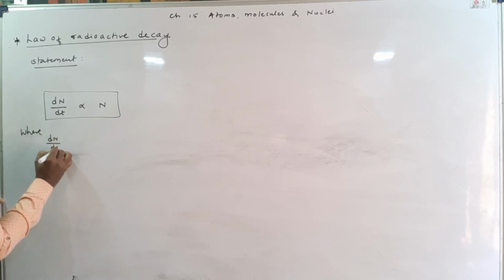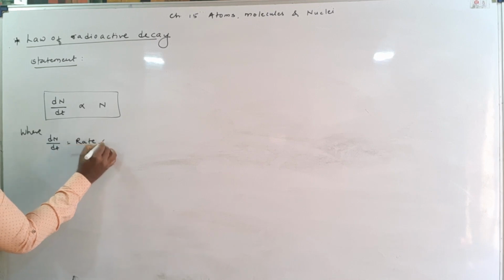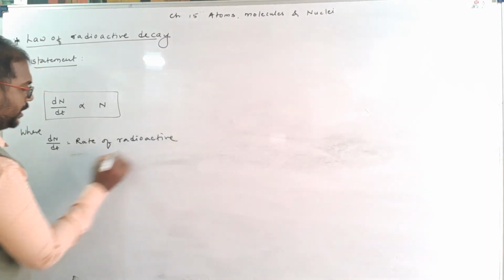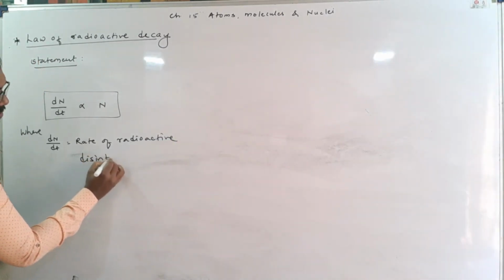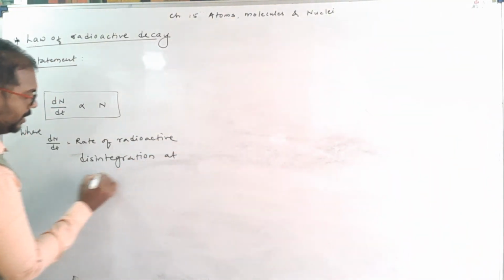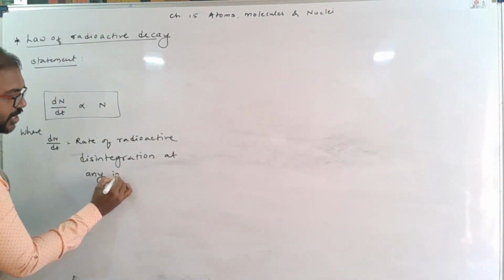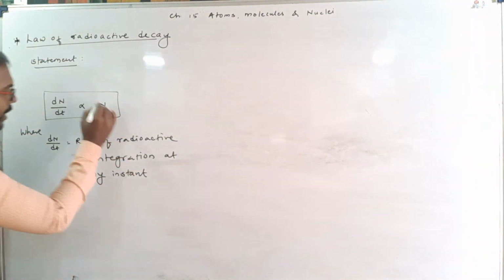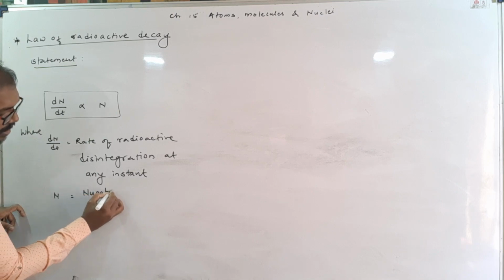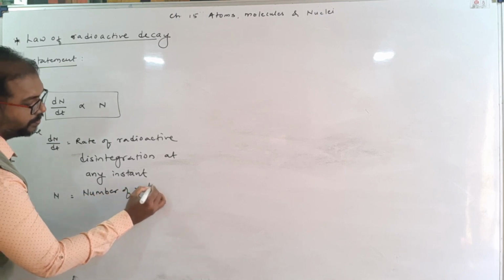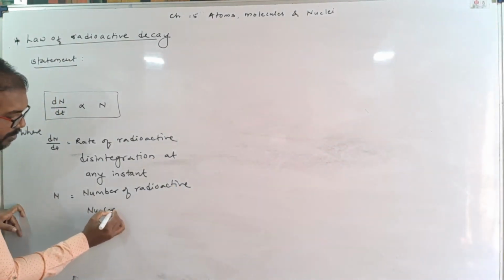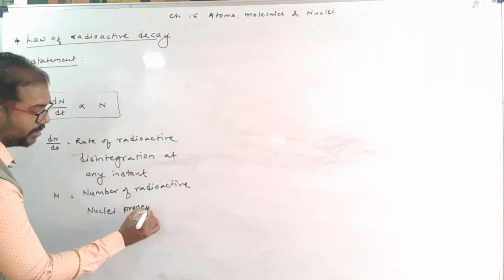dN by dt is the rate of radioactive disintegration at any instant, and N is the number of radioactive nuclei present at that instant.